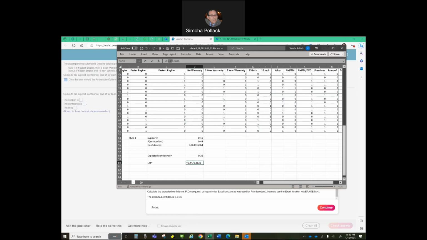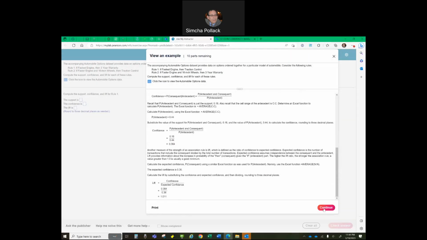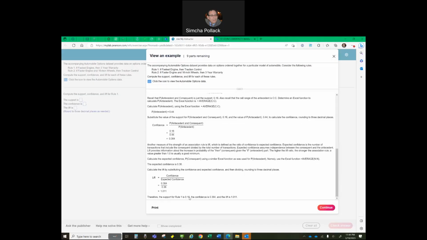It's the confidence divided by the expected confidence, which tells how much more information is contained in the actual relationship compared to the assumption that there's no relationship. So the bottom number should have been the expected confidence. That ratio is 1.01. Let's see if that's what they get. And that's what we're getting, 1.01. So the three answers for rule 1 are 16, 0.364, and 1.01.